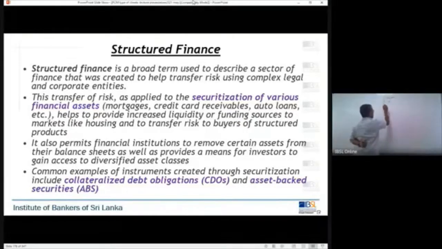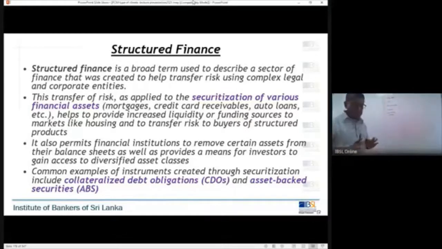The third one is called the service provider, the fourth party we call the investor, and the fifth one we call a credit rating company, a credit rating institution like Fitch Ratings, S&P, Standard and Poor's and all. So there are five parties usually involved in asset-backed securities. I'm trying to explain very simply, please try to understand.